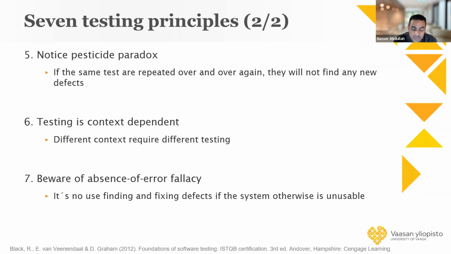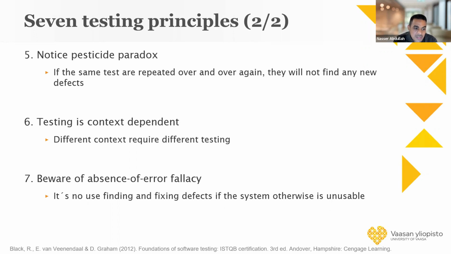So if you have a system that is, for example, a calculator, the testing for this calculator will of course be different than when you design a system for a bank or for a company. There you will give much attention to security and to usability. The testing will not be the same for the two systems.